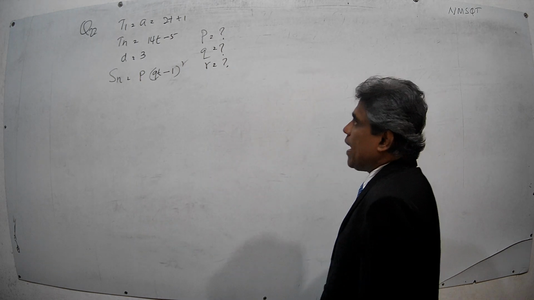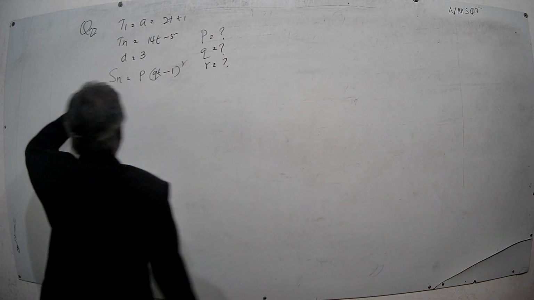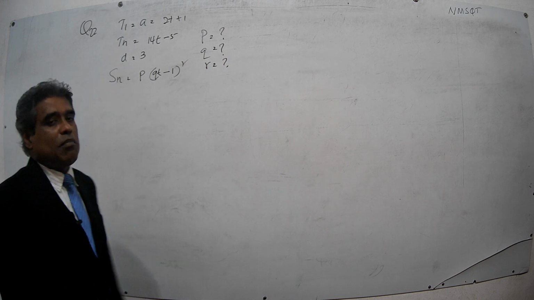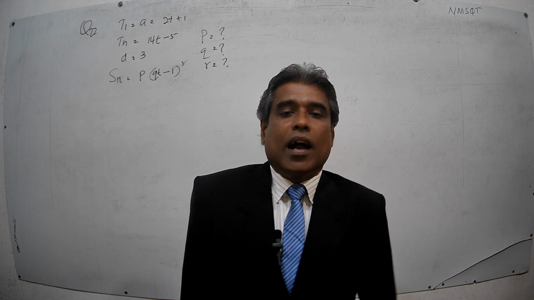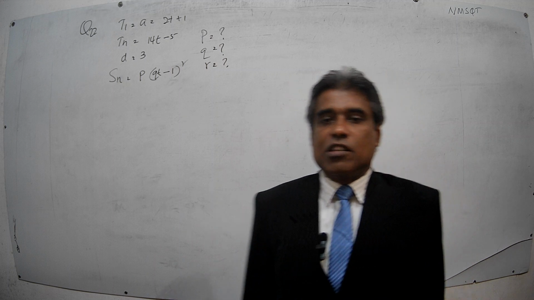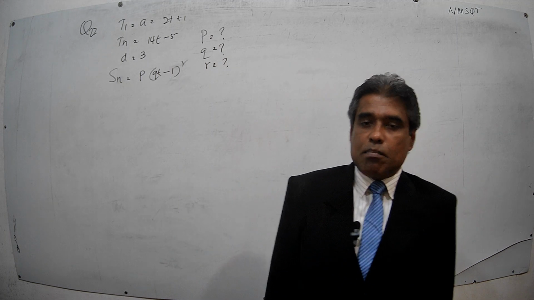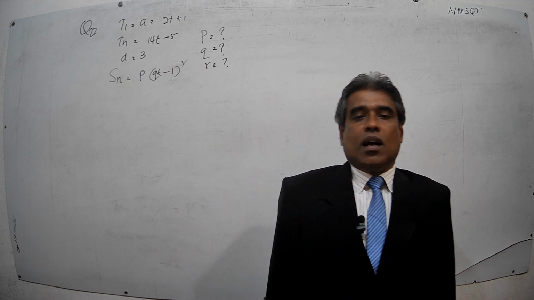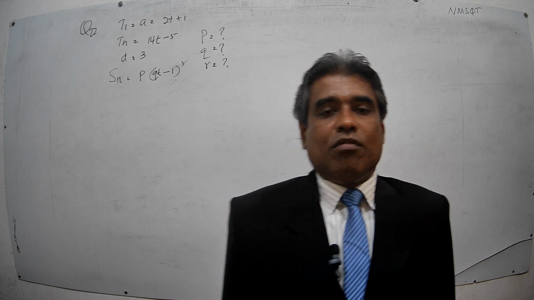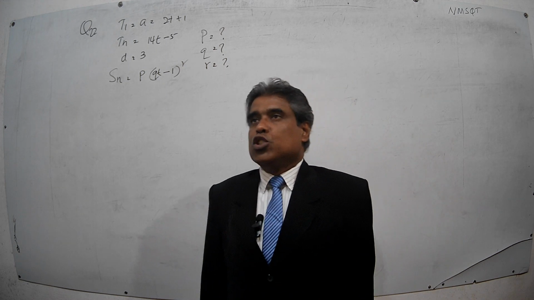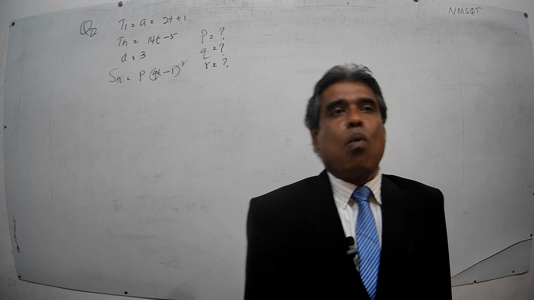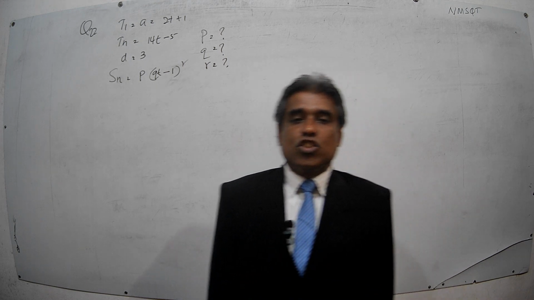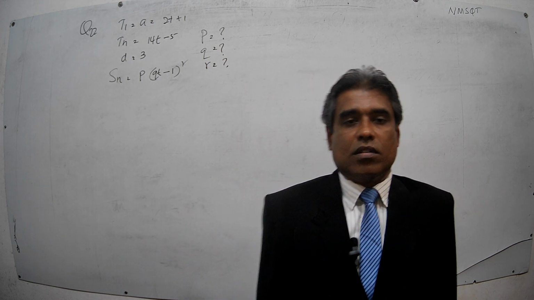Now they have given a statement S10, that is the first n terms. We know the formula to find the first n terms of an arithmetic sequence, that is Sn equals n divided by 2 times, within brackets, 2a plus n minus 1 within brackets into d, the whole thing, right?